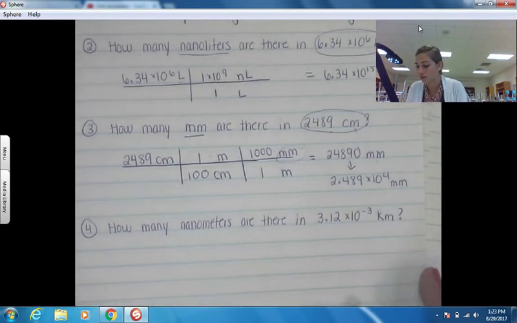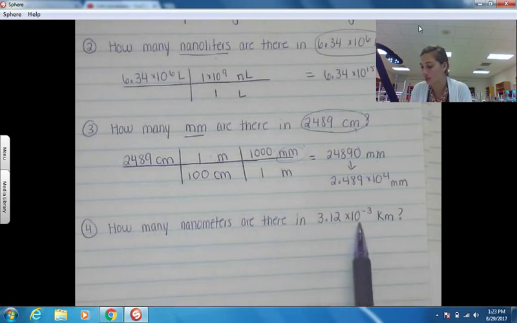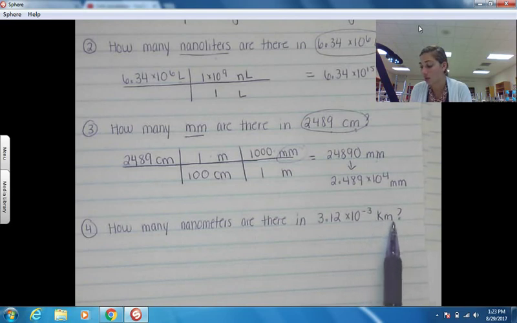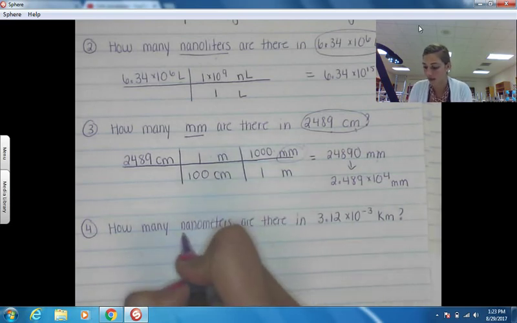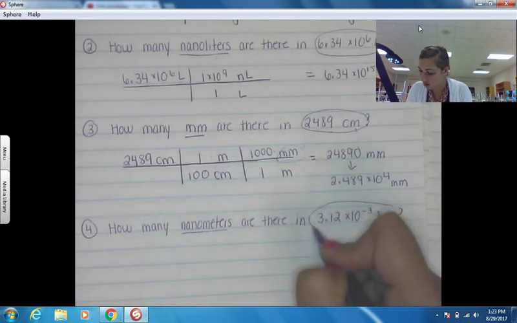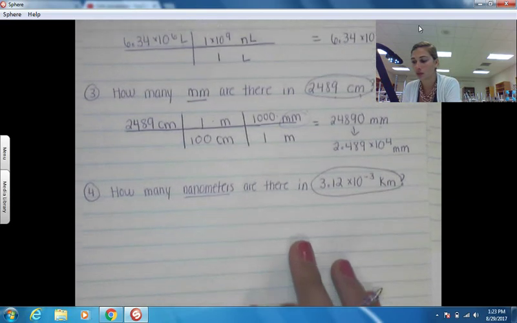All right, last one. How many nanometers are there in 3.2 times 10 to the negative 3 kilometers? So you have to ask yourself the question, where am I starting, where am I going? Is there a base unit in there? Is there not? How many steps is it going to be? We have nanometers and we have kilometers. There is not a base unit. It's going to be a 2-step problem. For this one, I want you to solve it completely on your own.